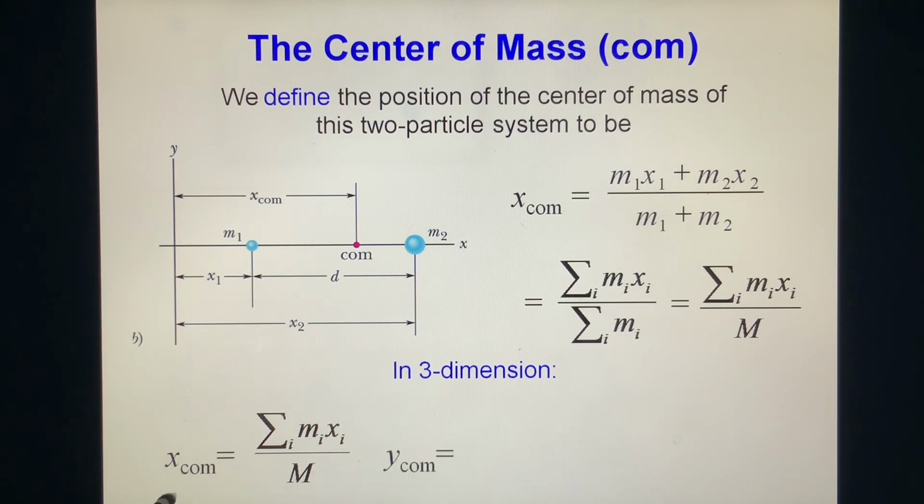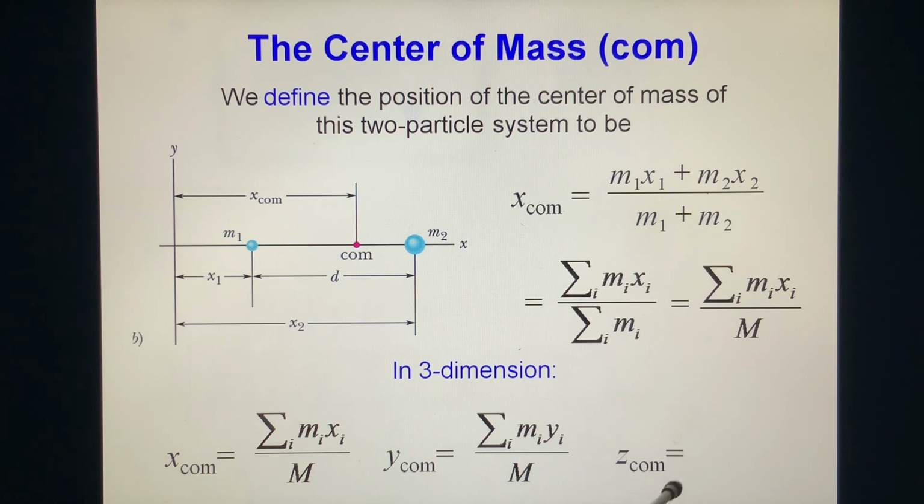For Y, we replace x with y. This was yi, so it becomes Y center of mass equals sigma mi yi over M, where i is the particle number i.